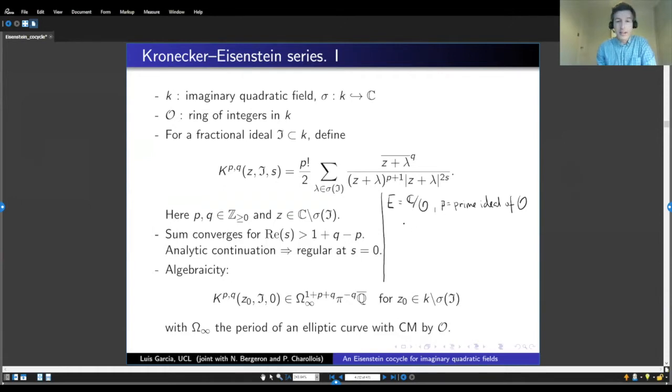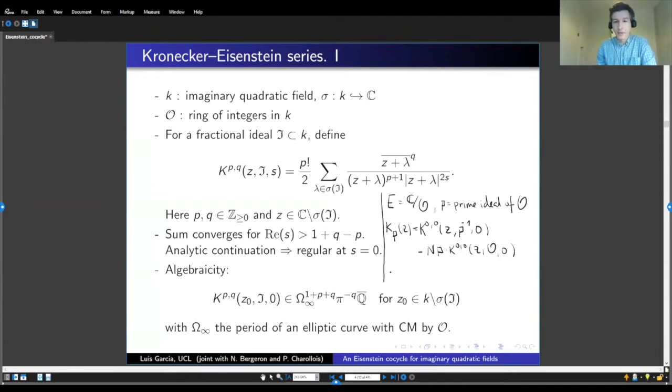Right. So then it's a little bit easier to deal with the following modification of the Kronecker-Eisenstein series. I'm just going to do the simplest case. So these integers P and Q are just both 0, and then I'm going to take this linear combination like this.